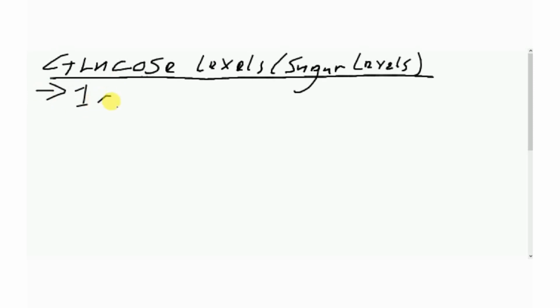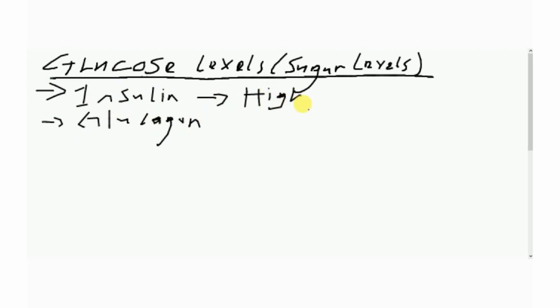So the hormones that maintain the glucose levels are insulin and glucagon.